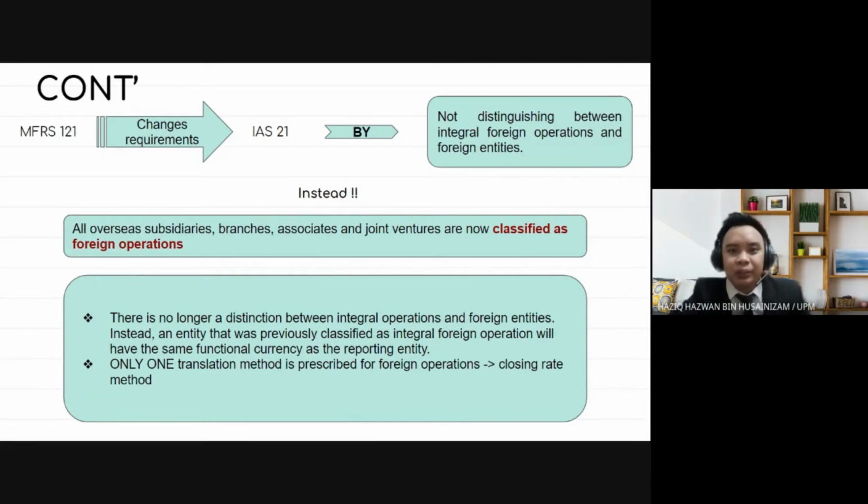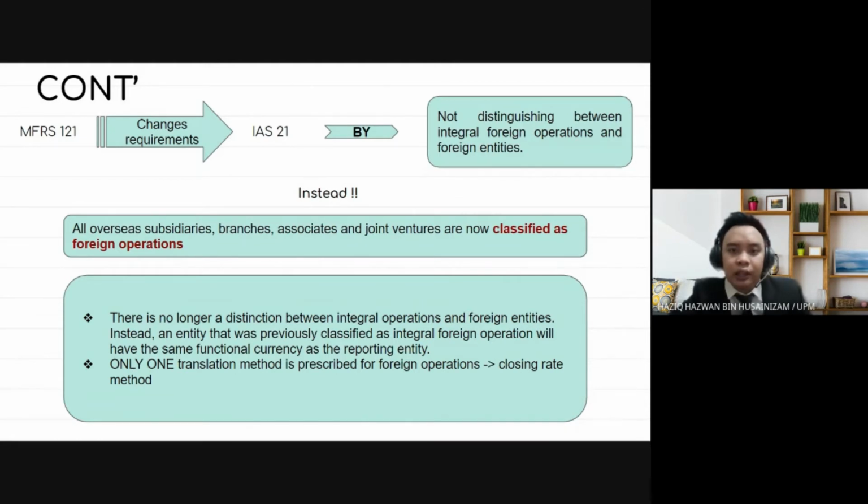Here, MFRS 121 changes the requirements of the original IAS 21 by not distinguishing between integral foreign operations and foreign entities. Instead, all overseas subsidiaries, branches, associates, and joint ventures are now classified as foreign operations. As a result of applying the functional currency concept, there is no longer a distinction between integral operations and foreign entities.